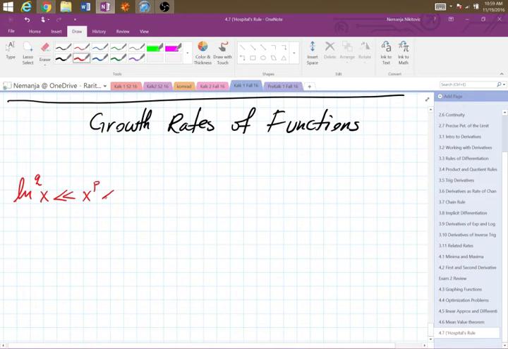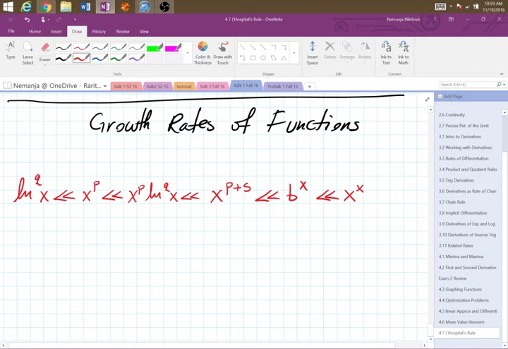It's going to be slower than when you multiply the polynomial with the ln. It's going to be slower than multiplying two polynomials. It's going to be slower than exponential functions. It's going to be slower than the x to the x, which is a boss.